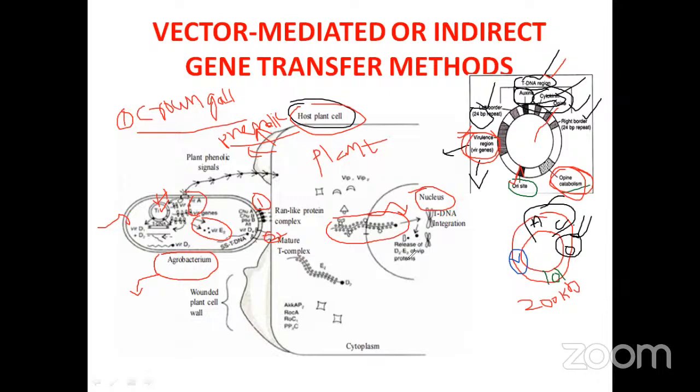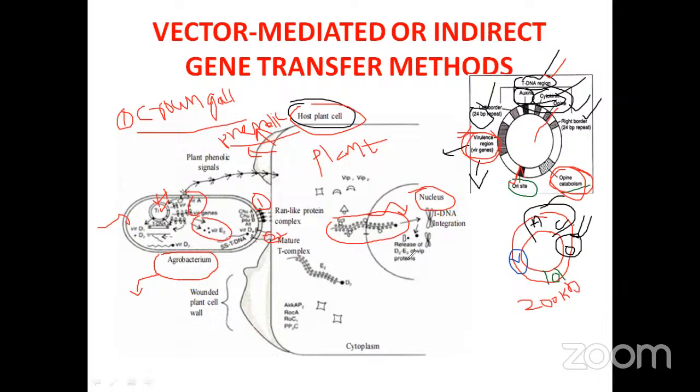To prevent this, the tDNA gets covered with virulence E2, which acts as a protection layer for the tDNA from degradation in the nucleus. VirD2 and virE2 interact with a variety of plant proteins, which influence tDNA transport and finally integration.